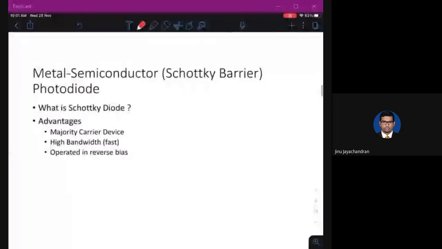The next kind of photodiode is the metal semiconductor photodiode, or Schottky barrier photodiode. We have already seen this Schottky diode in the first slide: there is a metal and an N-type material, and you apply a bias.